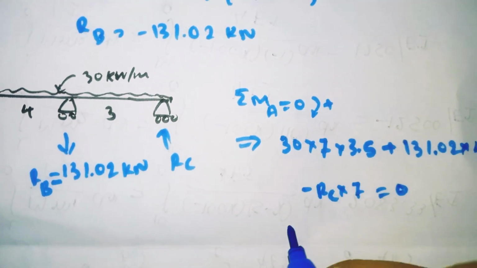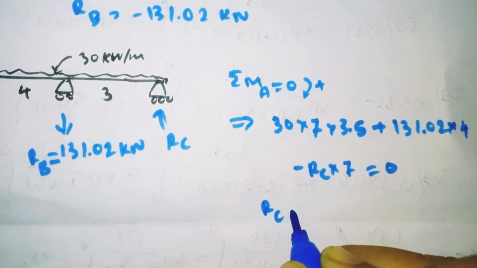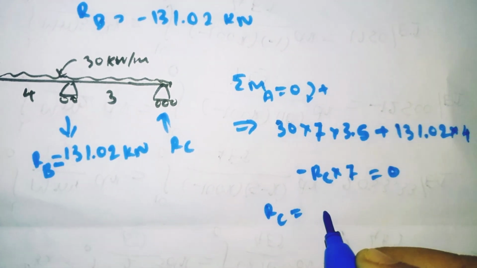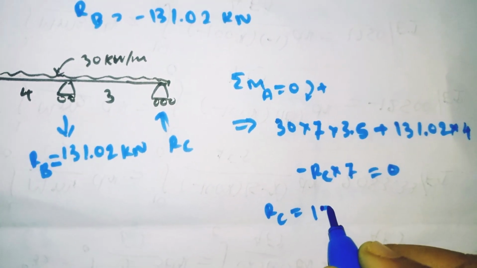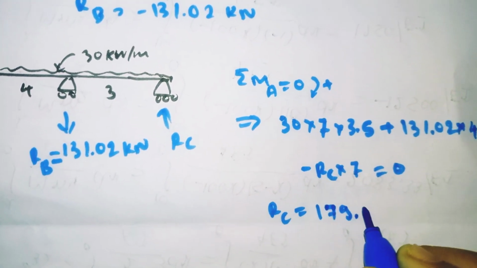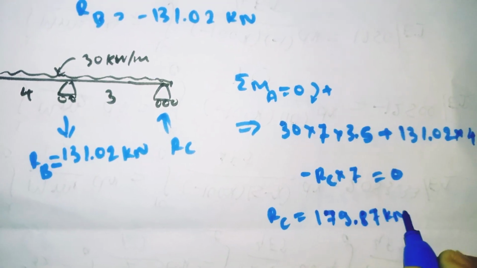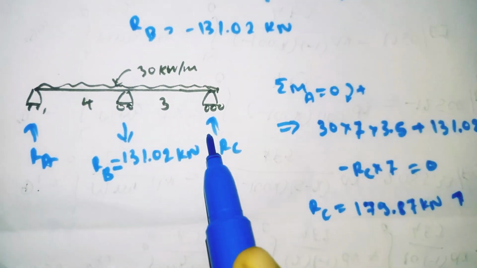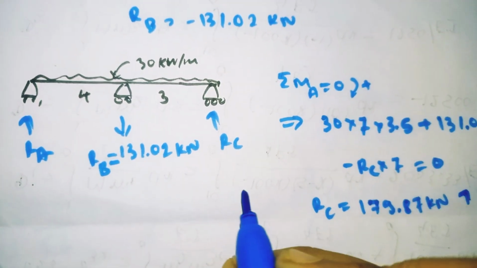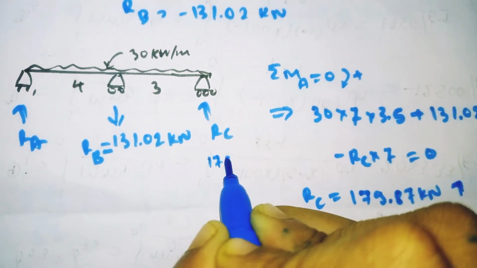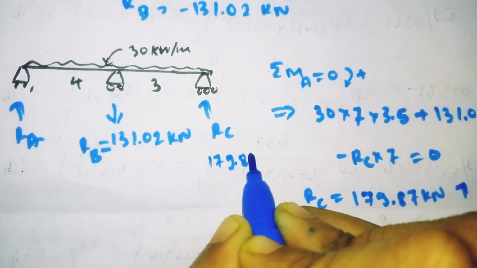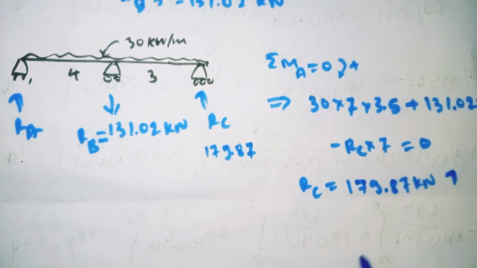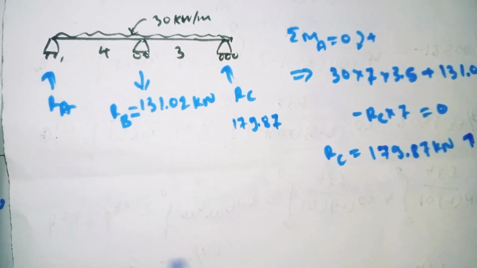So now solve it. Our RC value will come out as 179.87 kilonewton. So it is upward. So it means whatever the direction we have taken, it is right. RC value is 179.87.